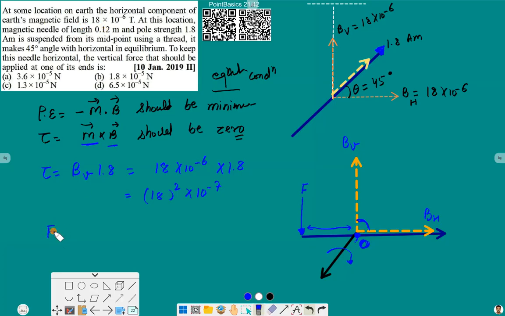So F into half of the length, that is 0.12 by 2, should be equal to, if we want to balance the torque due to magnetic field, 18 square into 10 raised to power minus 7.